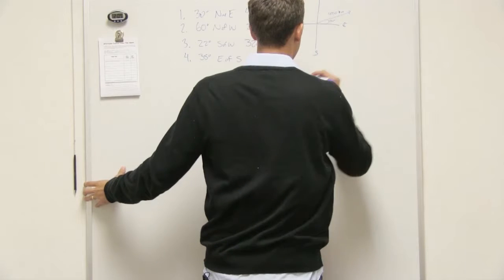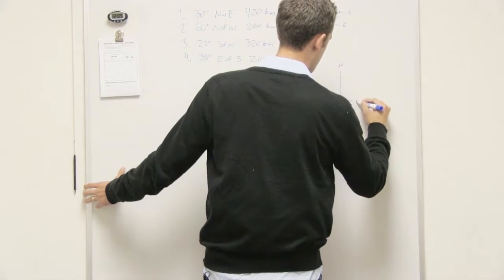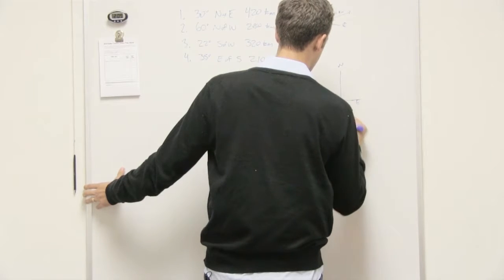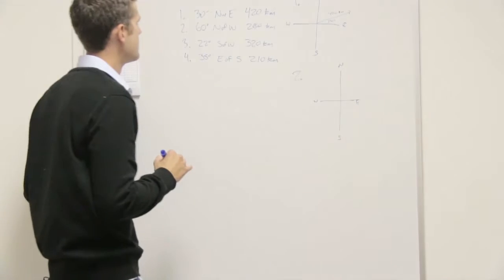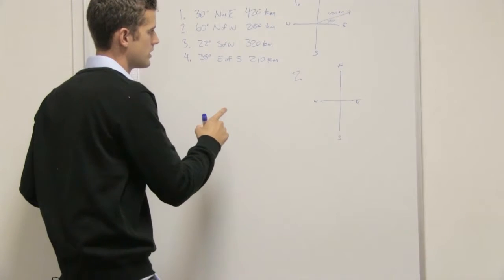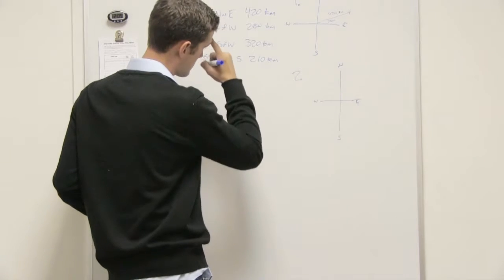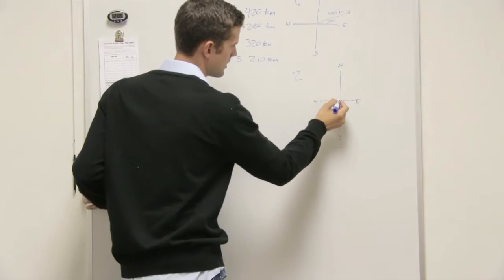What does the next one look like? It's going to be in the northwest, second quadrant. And 60 degrees is going to be more than halfway.